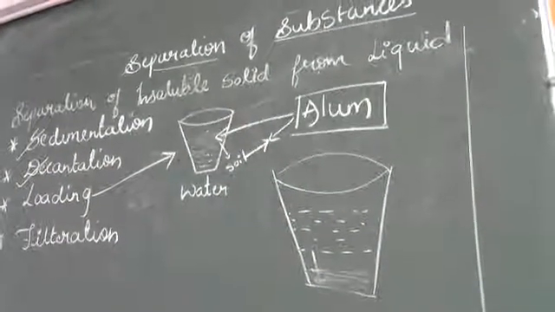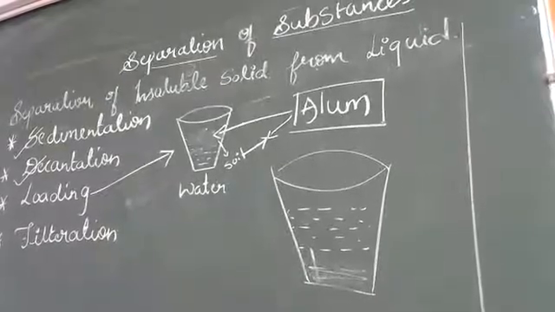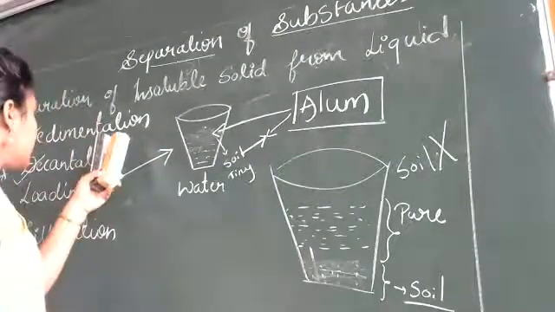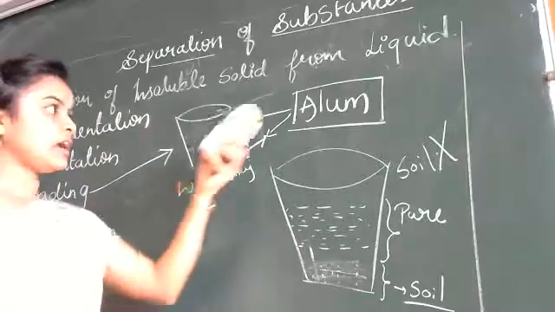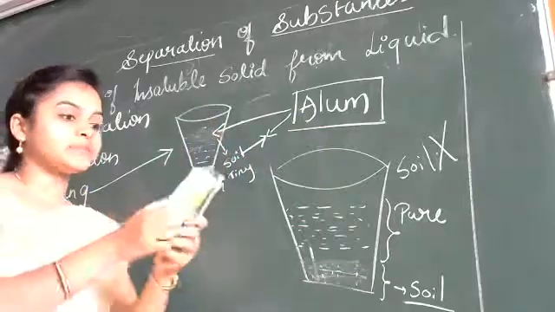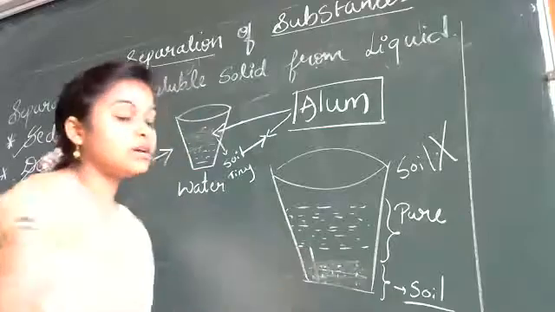And then, one second. Yes. So we have seen sedimentation, decantation, and loading. In loading, we have used alum that will stick with the soil and become heavier, and it will settle down at the bottom of this water.